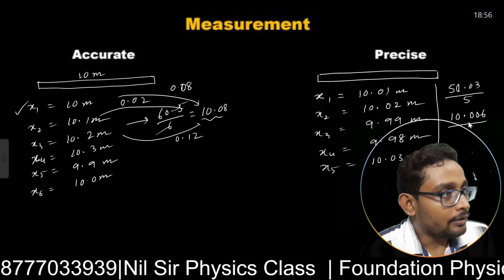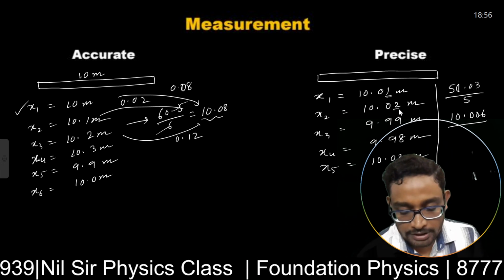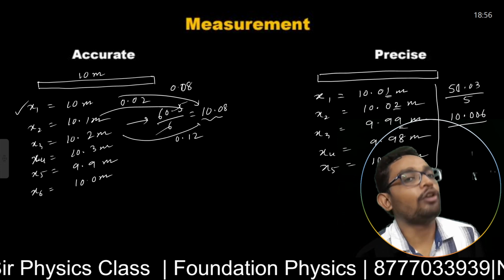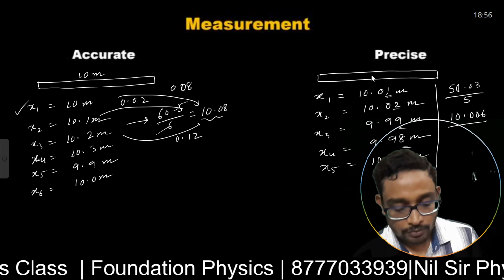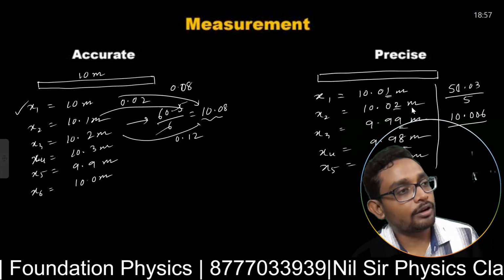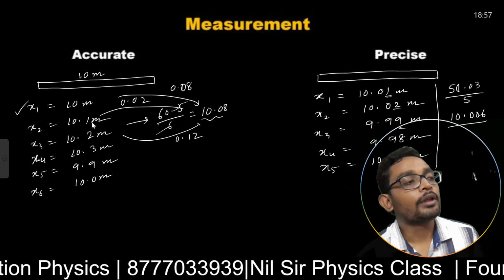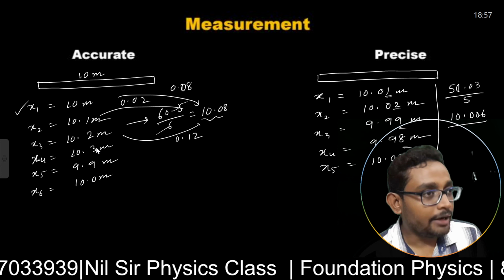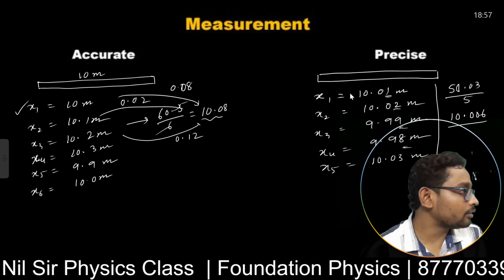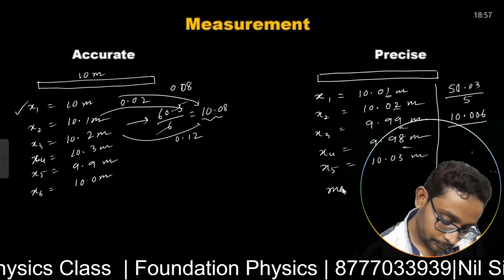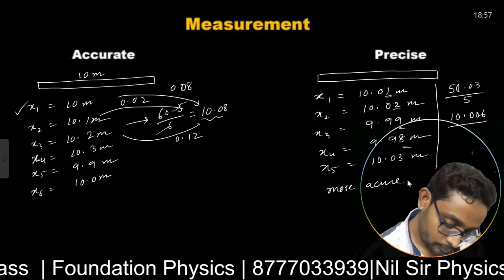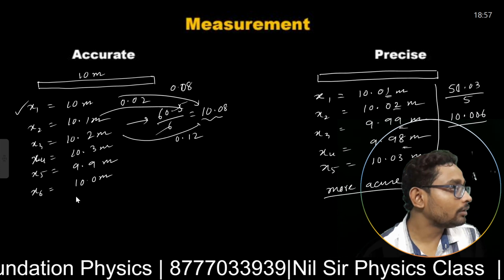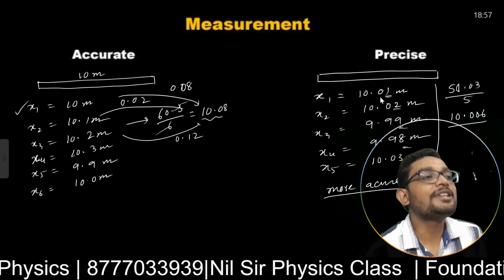The error you got is in second order, not first order. But in this case, you get the error in first order term. So that's why this is more accurate than this one.